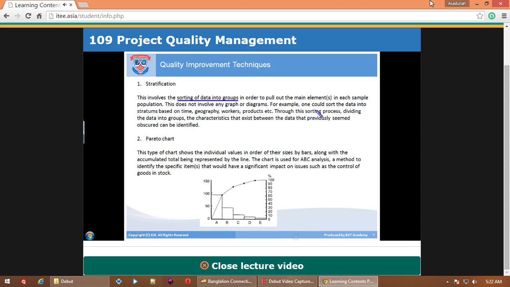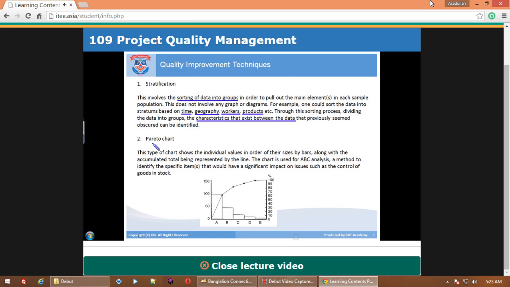For example, one could sort the data into various categories or strata based on time, geography, workers, products, etc. By sorting the data into various categories or groups, the characteristics that exist between the data, that were previously not so clear, can be identified.